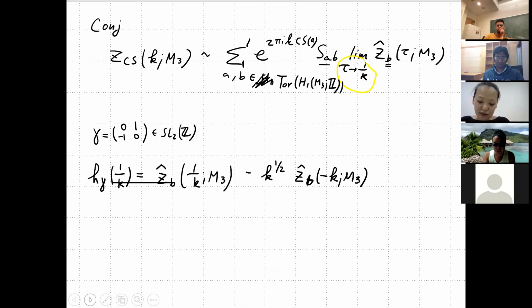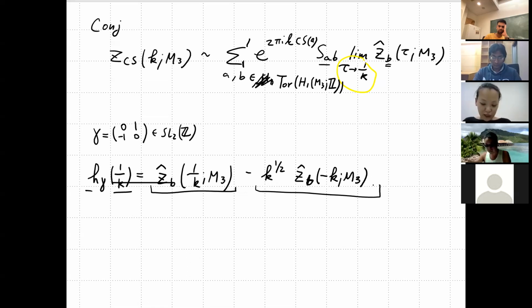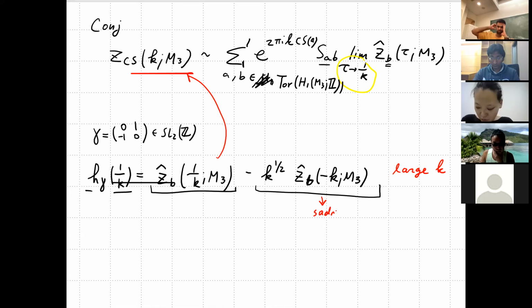Okay, so now let's look at the cocycle, which is basically as before, just the limiting value near a cusp and its modular transformation. What we could see here is a structure that this is going to give Chern-Simons, and this will then give, in the large k limit, the classical limit, the saddle point contributions corresponding to different flat connections.